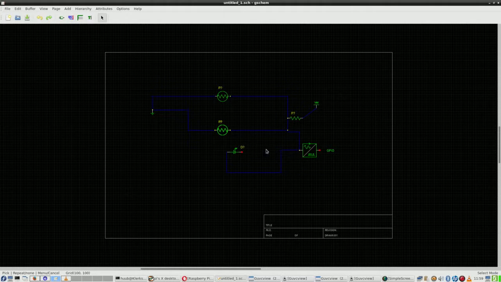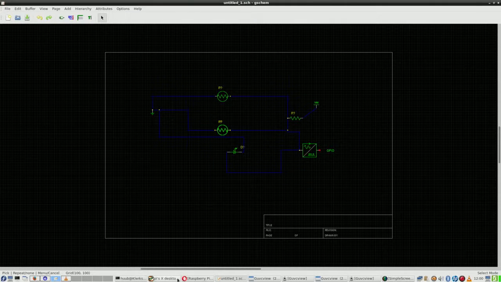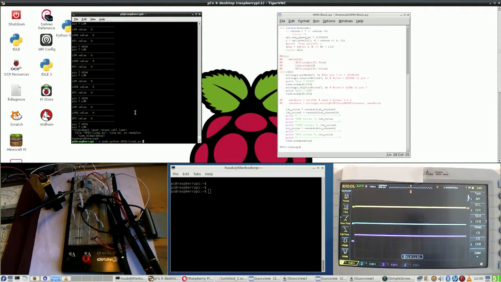Between here and here. So if there is a signal with high enough voltage, then I would maybe see something. Oops, that's the wrong one. So let's see how that ends up.